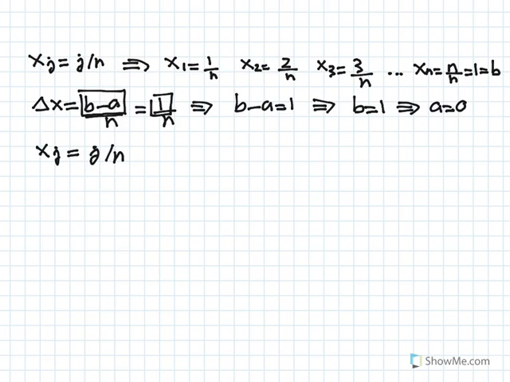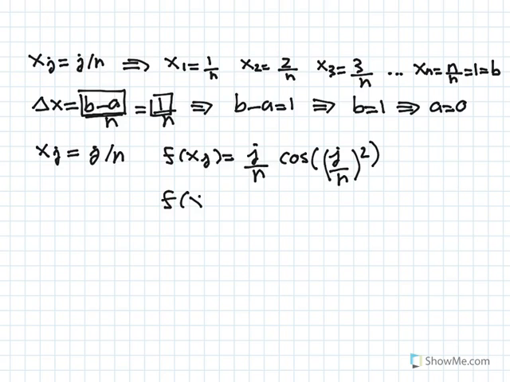The function builds itself around xj. So f of xj is going to be j over n cosine of j over n all squared. That means that f of x is equal to xj cosine of xj squared.